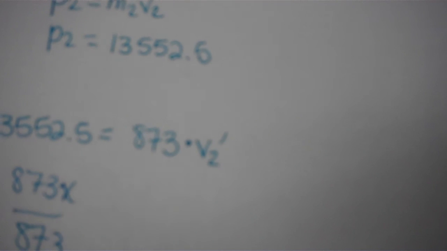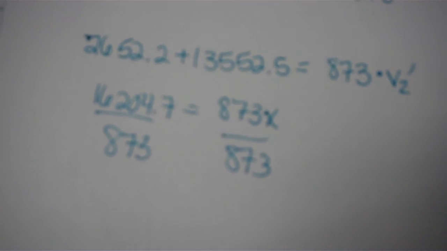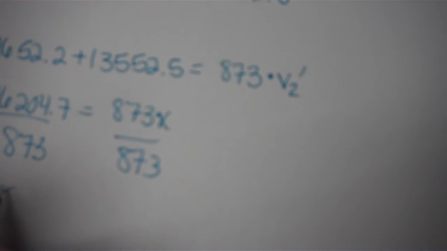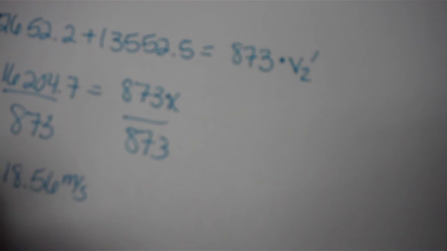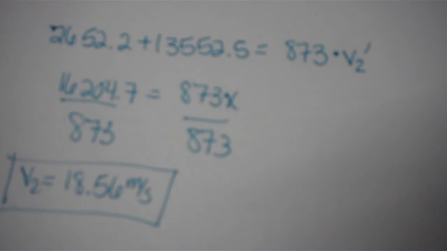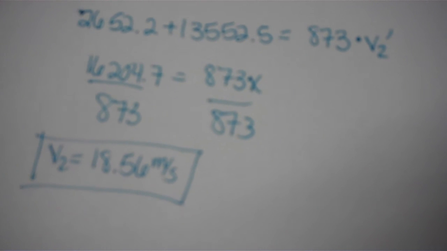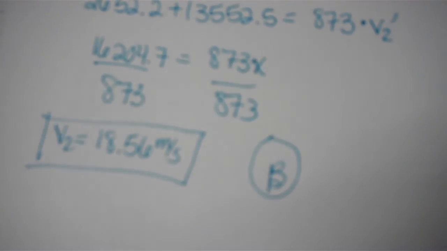Divide both sides by 873. That's odd that those numbers are the exact same as the last example. And we get 18.56 meters per second. So the velocity after the collision of the two objects, because remember, they're stuck together, so there's only one velocity, 18.56, which is letter choice B. B stands for because you're very smart.